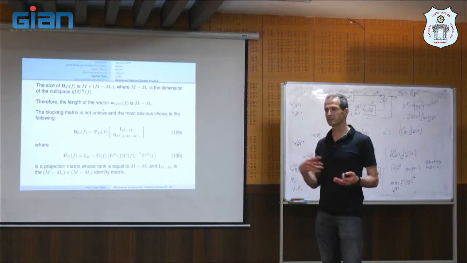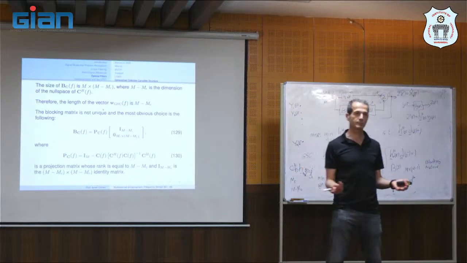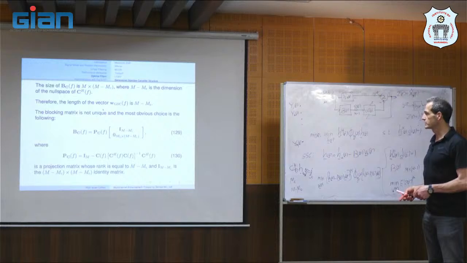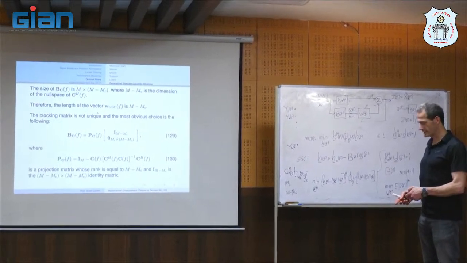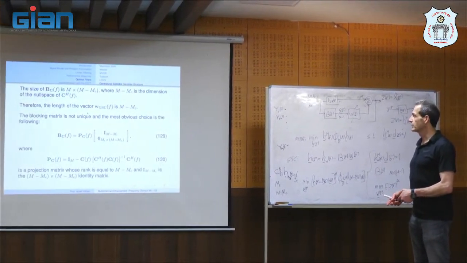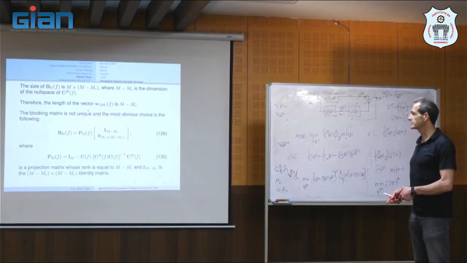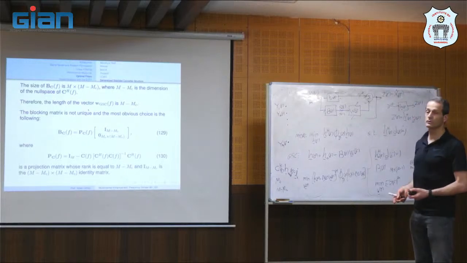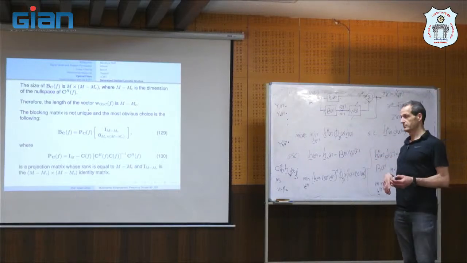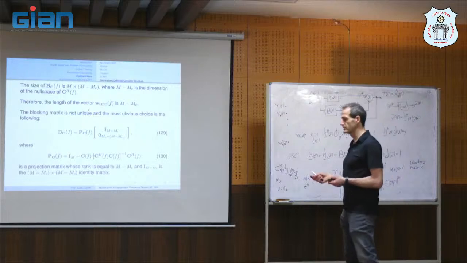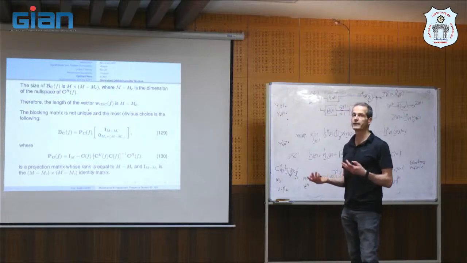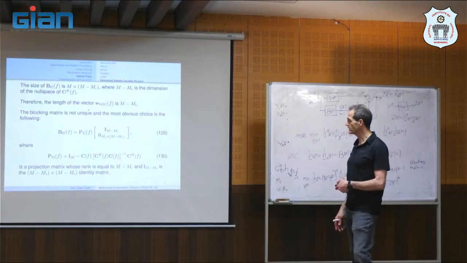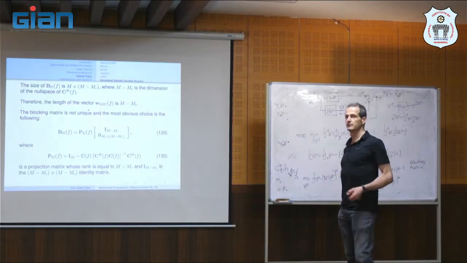So you can find basis functions that span your space of signals. So also, you can find different blocking matrices that span the null subspace of the matrix C. So this is just one solution, but it's not the only solution. There are some works that compare different solutions and try to find for different applications how to choose this blocking matrix. But here, I want to give you just one of the solutions.